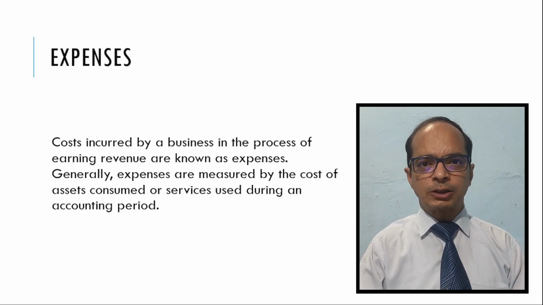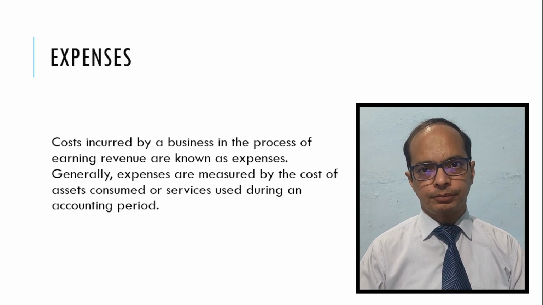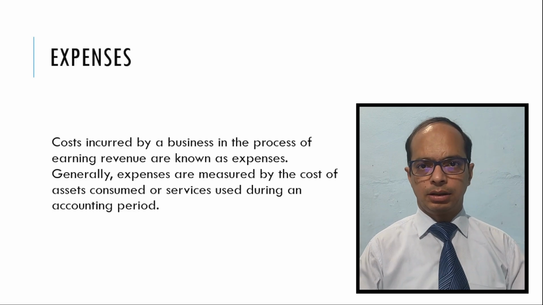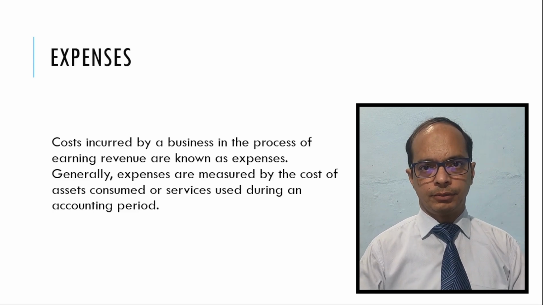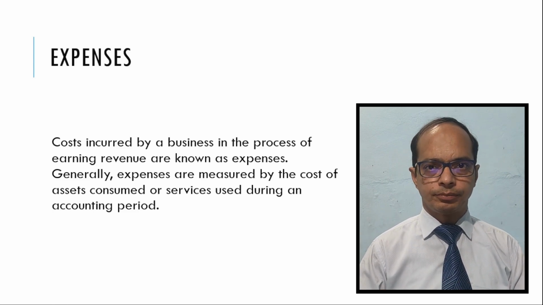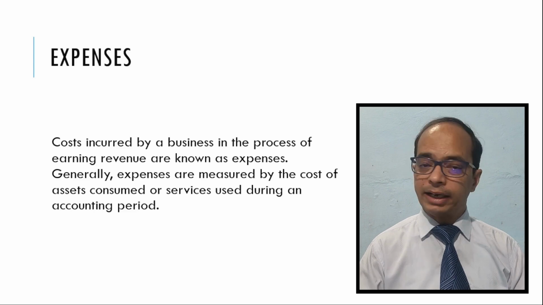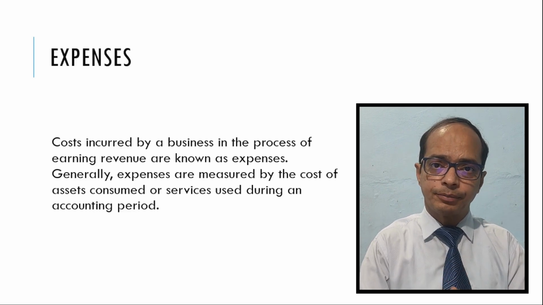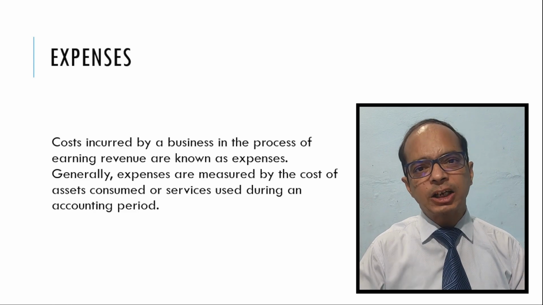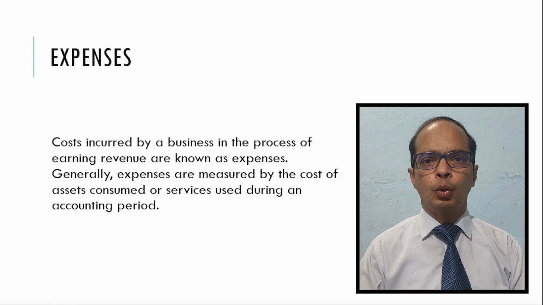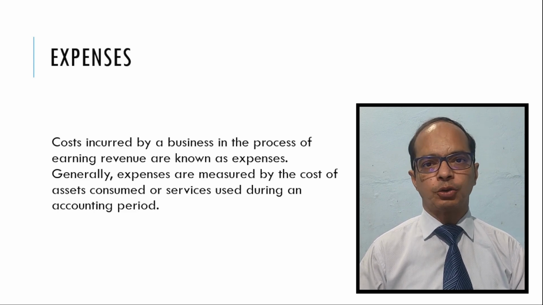Direct expenses are those expenses which are spent on producing or acquiring the goods, related to purchases. That is the direct expense. And indirect expenses are those related to sales, distribution, office, administration, or finance of the business institution.